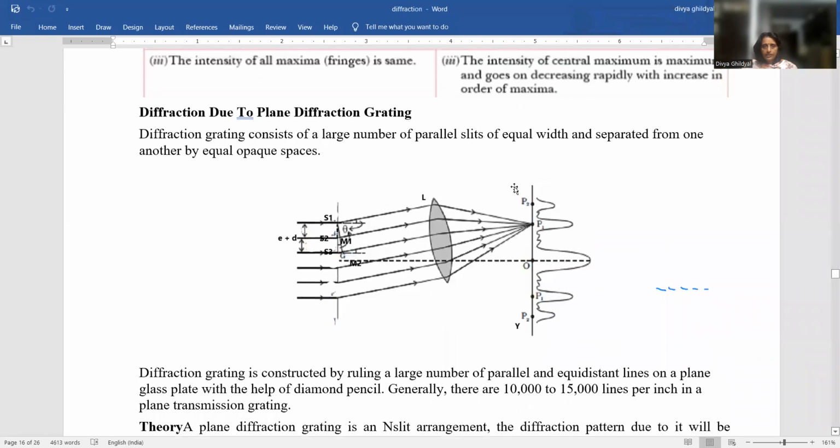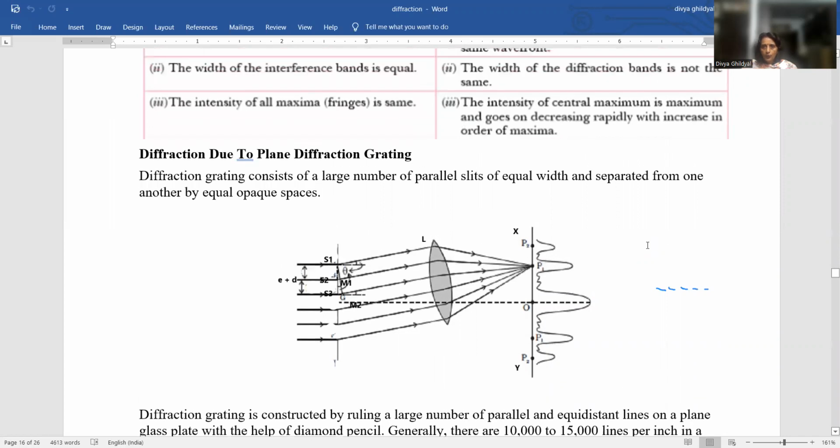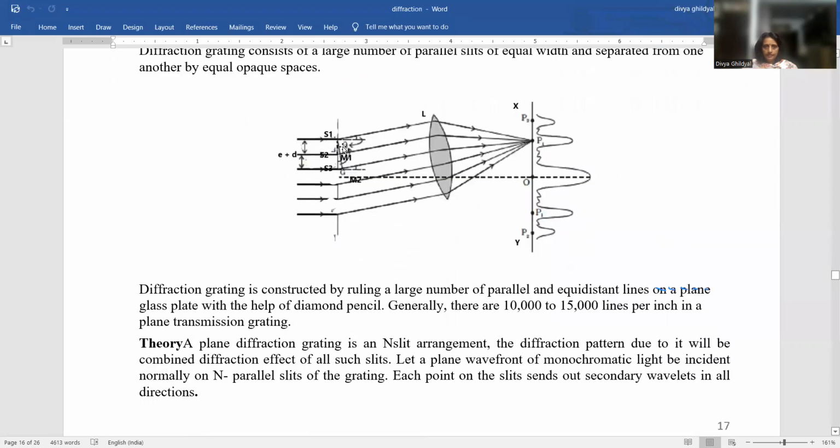A diffraction grating consists of a large number of parallel slits of equal width separated from one another by equal opaque spaces. Slit width plus opaque space is equal to the grating element. Here S1, S2, S3, etc. are slit widths, and the distance between them is the opaque space.